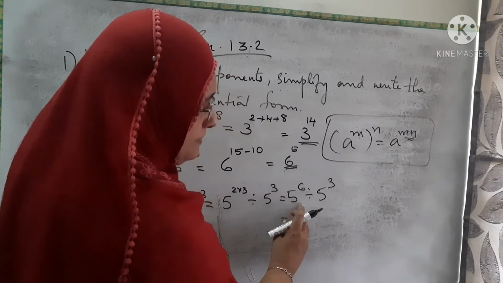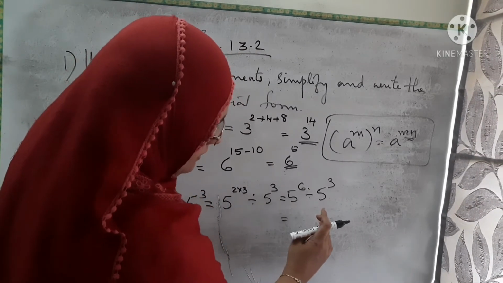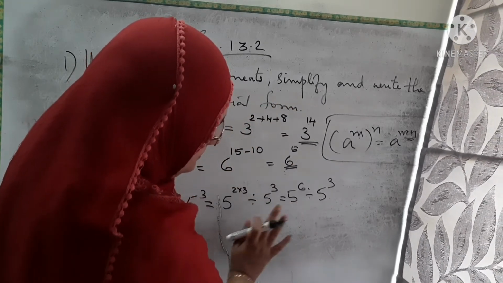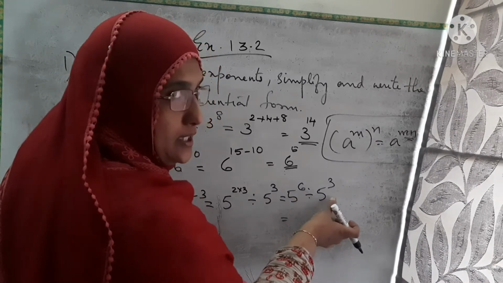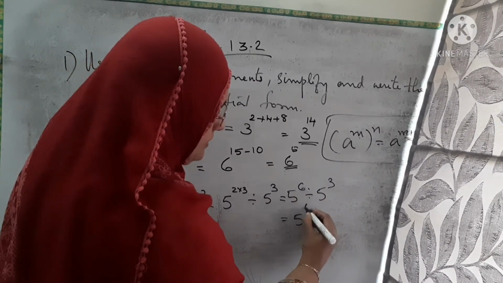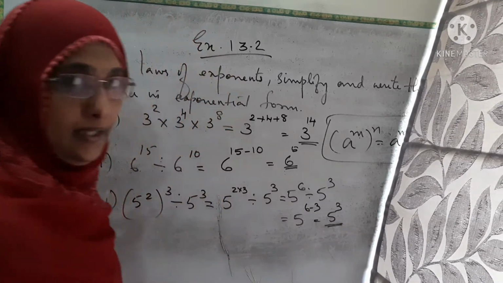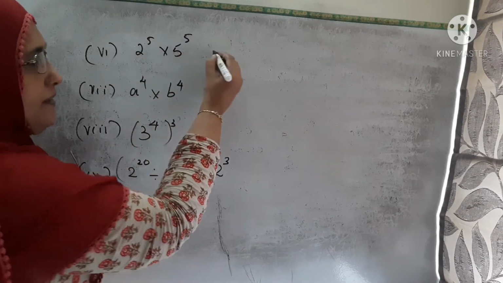Now it is a raised to m by a raised to n, that is a raised to m minus n. 5 raised to 6 minus 3, 5 raised to 3. Now see the next one, 2 raised to 5 into 5 raised to 5.